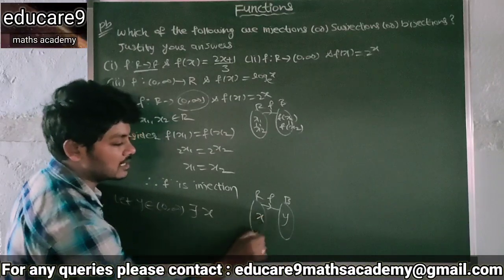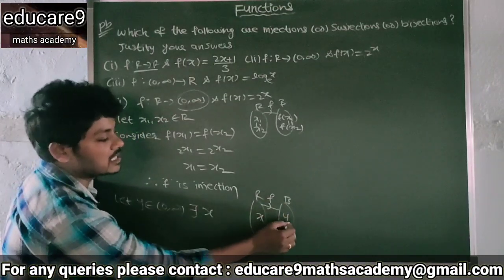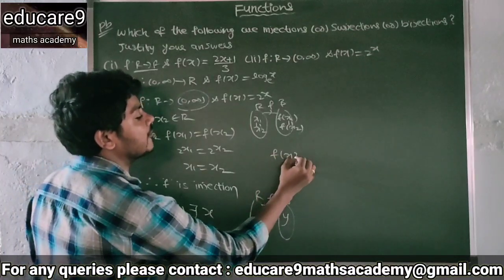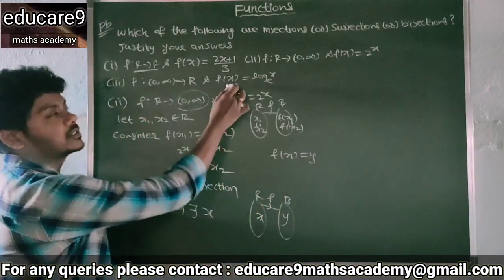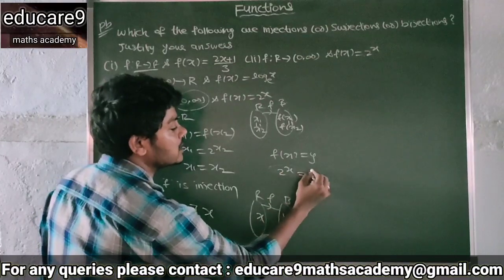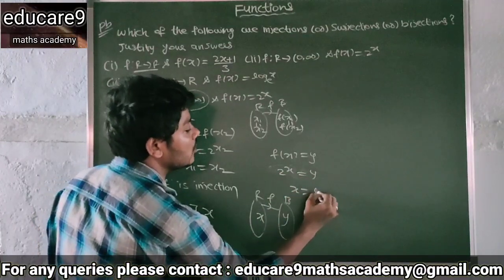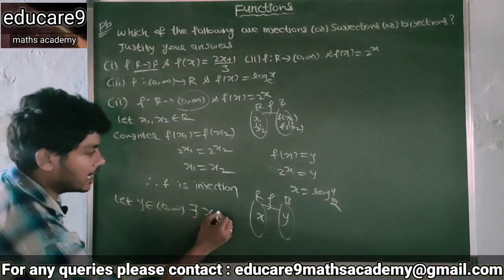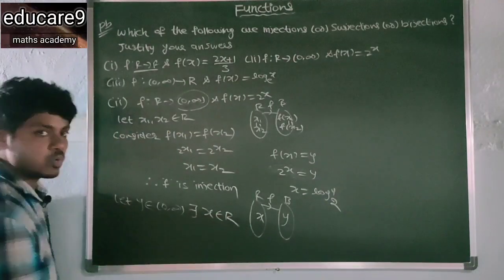Then definitely there exists an element in the domain such that f of x is equal to y. For this, write f of x is equal to y. So what is the x value? 2 power x is equal to y, so x is equal to log y base 2. So clearly there exists x belonging to R.